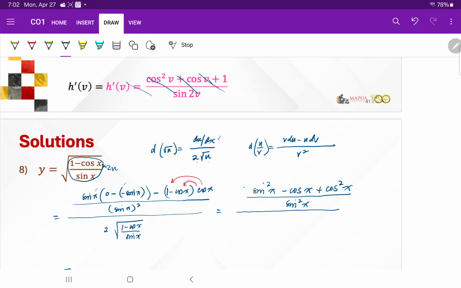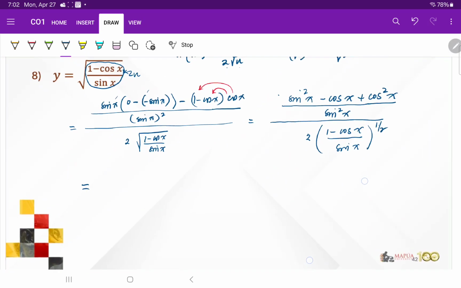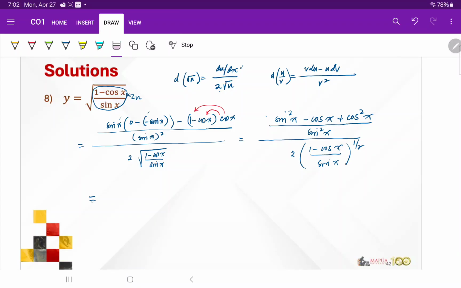So we could write this as 2. Let's try. 1 minus cosine x over sine x to the 1/2. And if you simplify further, sine square plus cosine square x gives us 1, right? Which when you combine this and this one, will give you 1 minus cosine x, right?